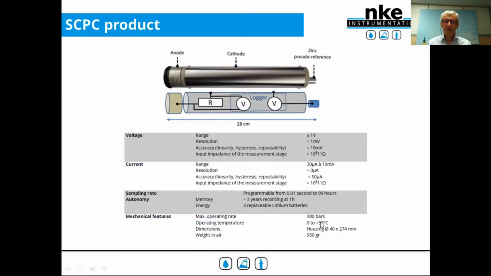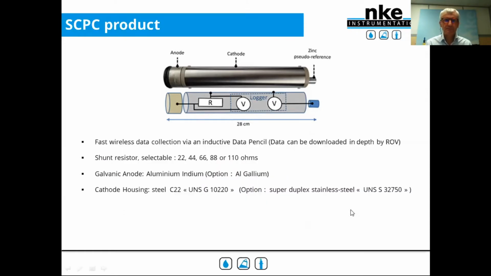And the design of the SCPC allows a use up to 3,000 meter depth. The autonomous data logger is based on a specific communication link. So we use a data pencil, an inductive link in fact, which is placed close to the SCPC to program and collect the data without connector.